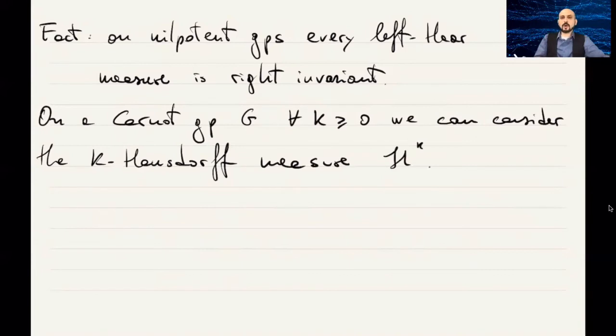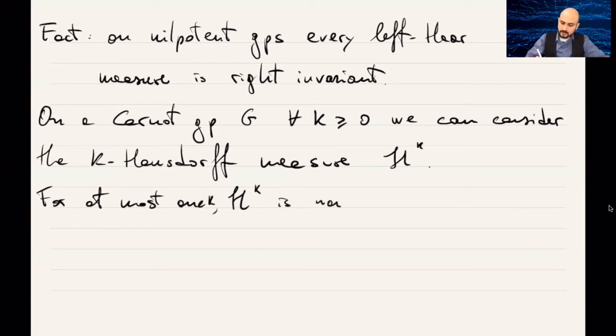Of course, at most one of these measures is non-trivial, because they might all be either 0 or infinite on non-trivial open sets. So for at most one k, H^k is non-zero and finite on compact sets.